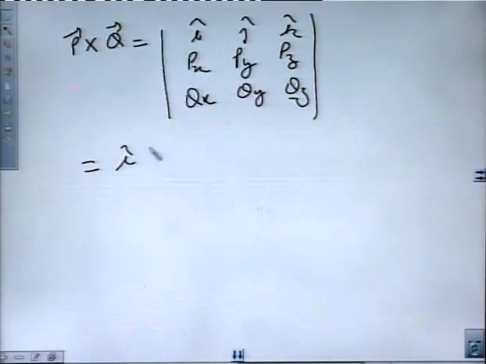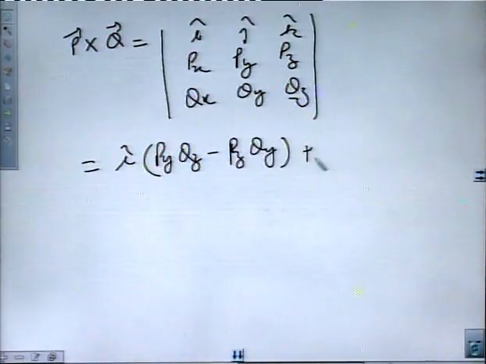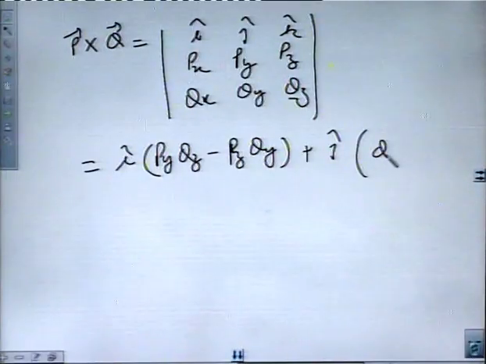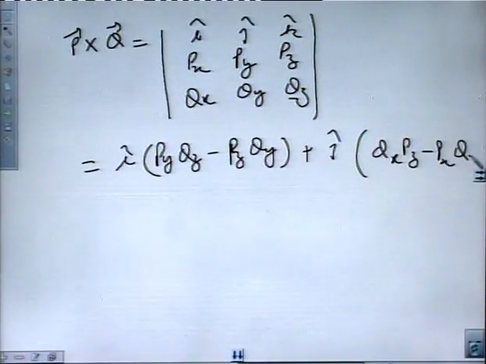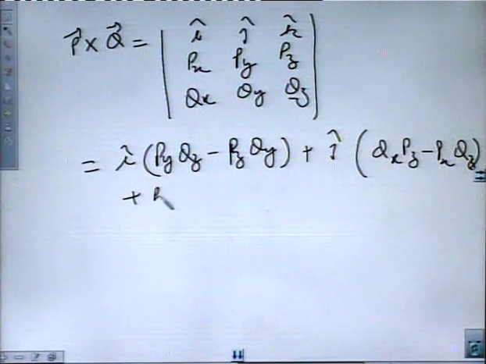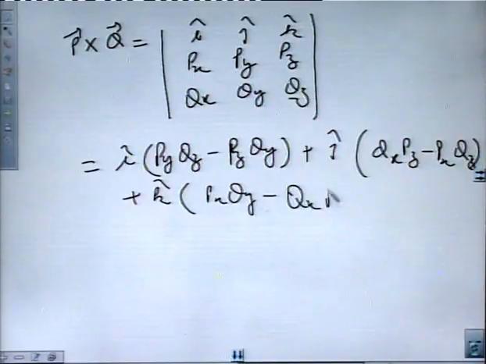This is equal to i cap (py qz minus pz qy) plus j cap (qx into pz minus px into qz) plus k cap (px into qy minus qx into py). So in this way we can take the cross product of two vectors p and q.